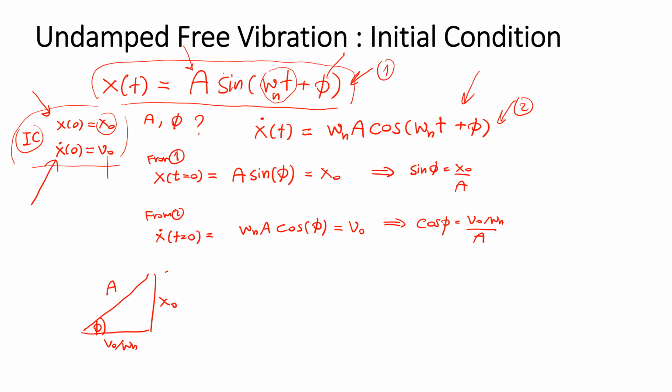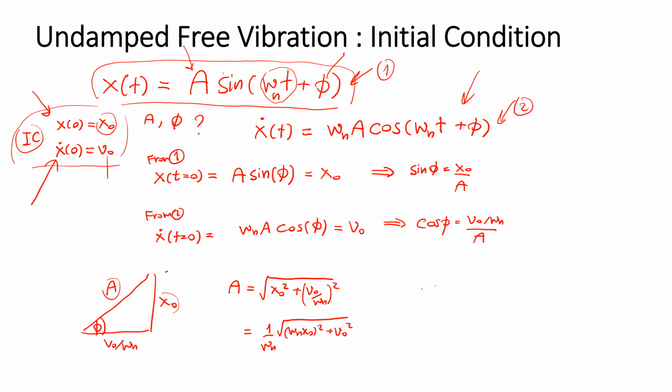So A, from Pythagoras, is equal to the square root of x0 squared plus (V0 per omega n) squared, or maybe simplify by moving the omega n outside the square root, so we have 1 per omega n times the square root of (omega n x0) squared plus V0 squared.